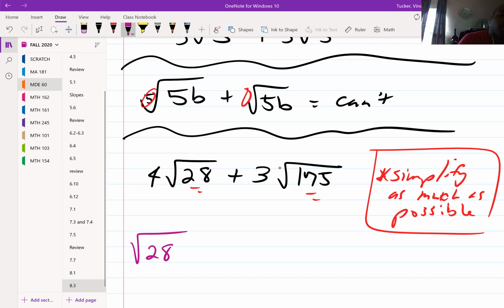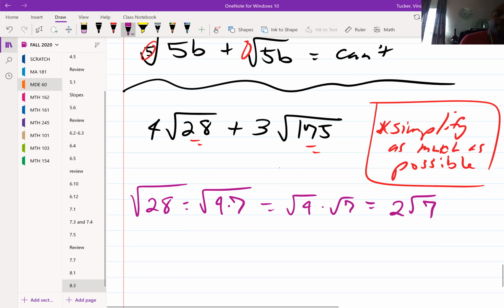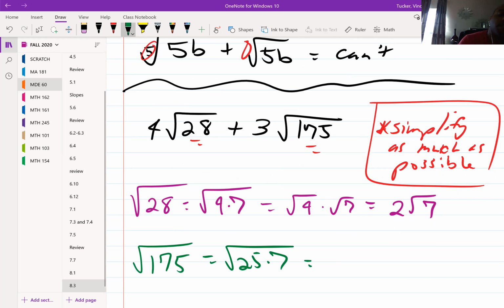Square root of 28, I can break that up into 4 times 7, because I can take the square root of 4. That'll be 2 square root of 7. All right, next one, 175, I can break that up into 25 times 7.